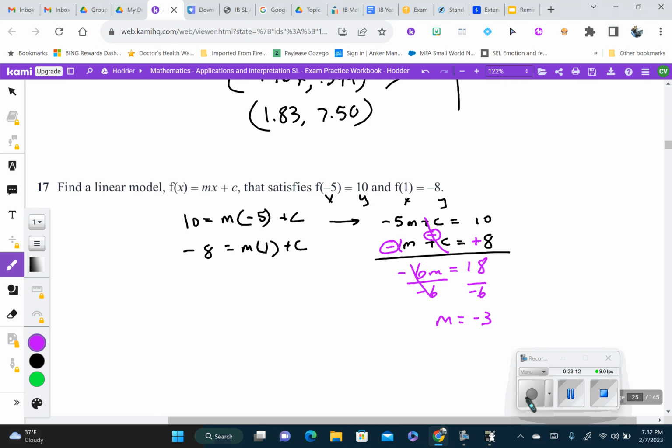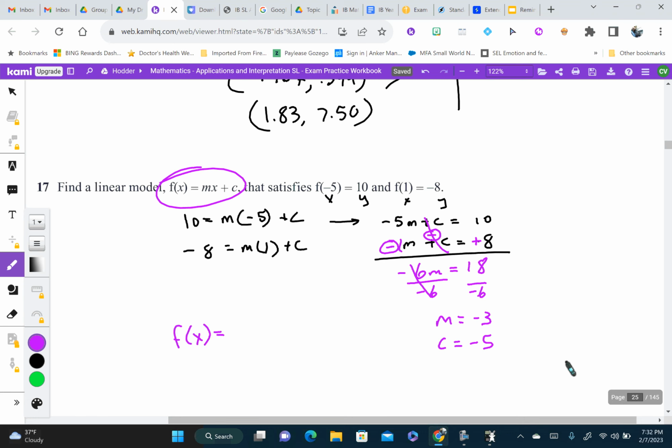And you plug that in for either of those right here, and you're going to get that c is equal to negative 5. So you're going to put the whole equation together. So I'm going to plug that right back in here. So we're going to have f of x is equal to, our m is negative 3. You're going to put an x next to it, and then it's plus c, which in this case is negative 5. So plus and negative is negative.